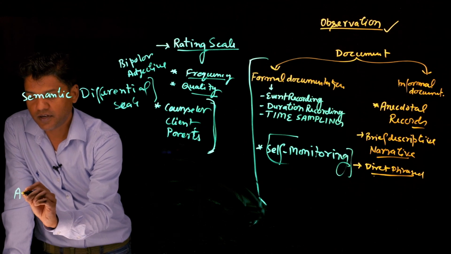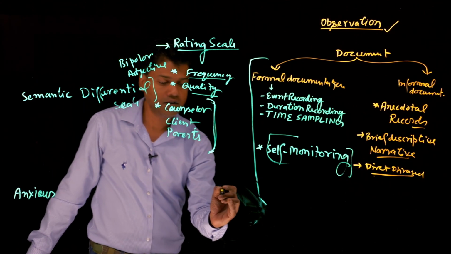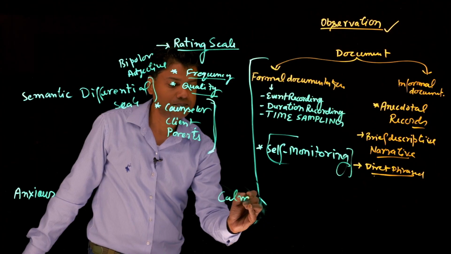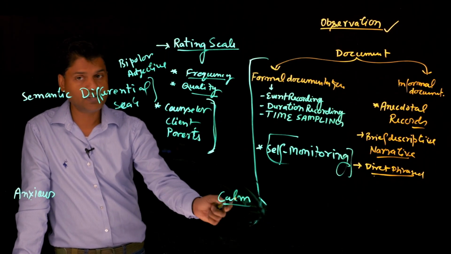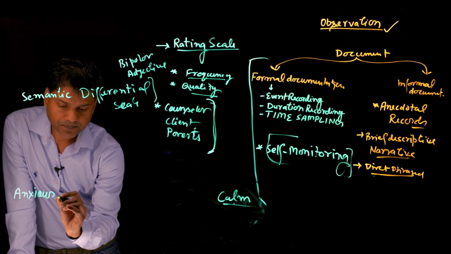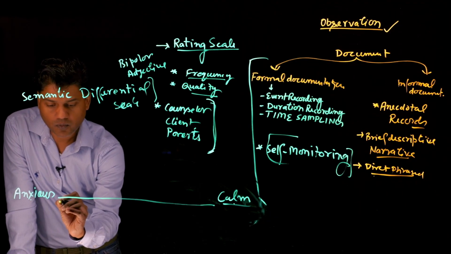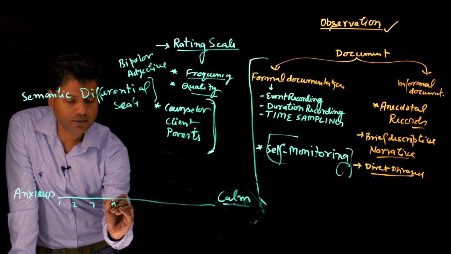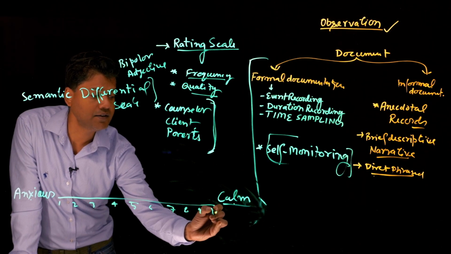If I write anxious, and on the other spectrum it is calm. So these are bipolar adjectives, anxious and calm. And then I put a line here, and then I put 1, 2, 3, 4, 5, 6, 7, 8, 9, 10.